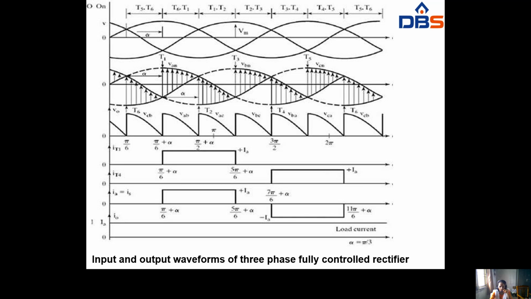This is the current, and the output current will be in continuous mode. Why? Because here there are three phases and six thyristors, so continuous mode of operation will be there. That's why the load current will be continuous without any ripples.